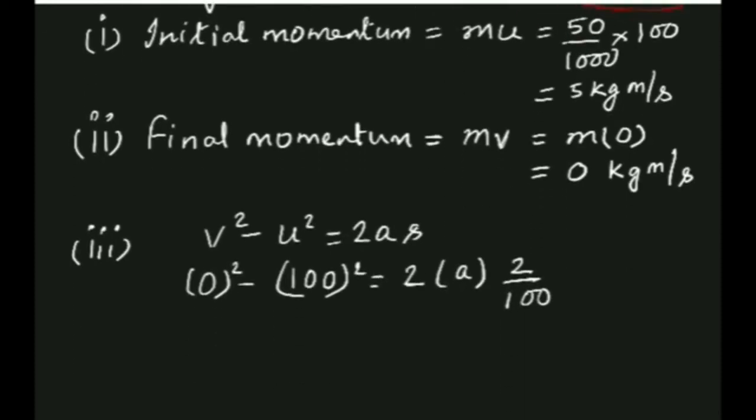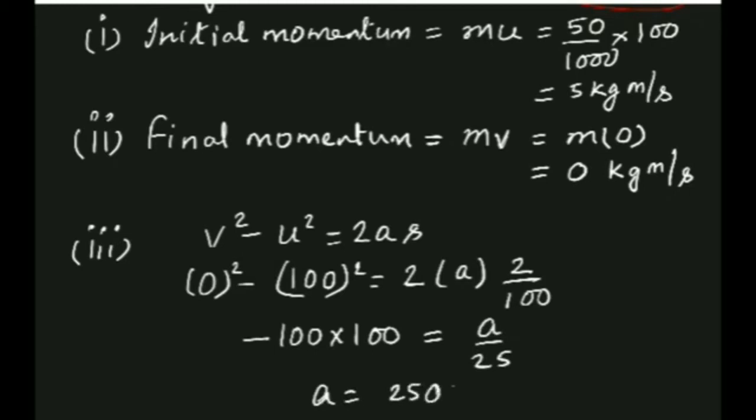Now here minus 100 into 100 equals a by 25, or you can write a equals 250000 meter per second square, and a is coming negative because the velocity of the body is decreasing.